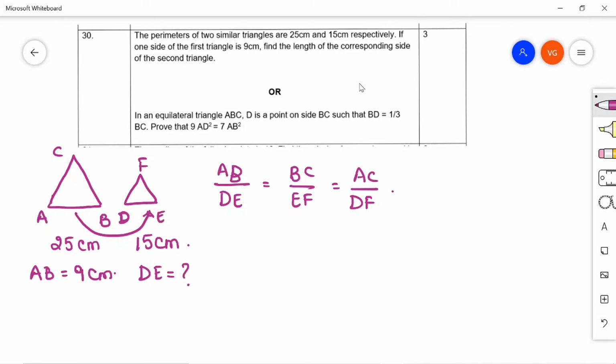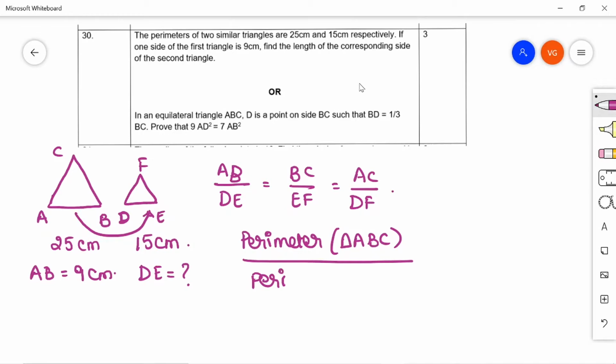DE is how much? In similarity of triangles, the perimeter of triangle ABC divided by the perimeter of triangle DEF, that is the ratio of perimeters of two similar triangles, is equal to the ratio of any of the sides, AB by DE. You can take it like this.